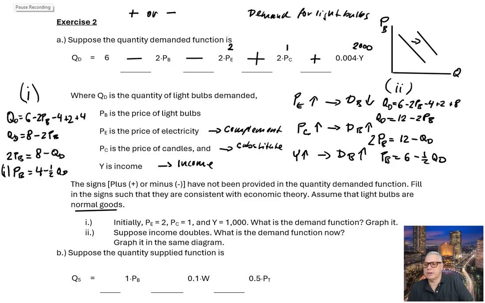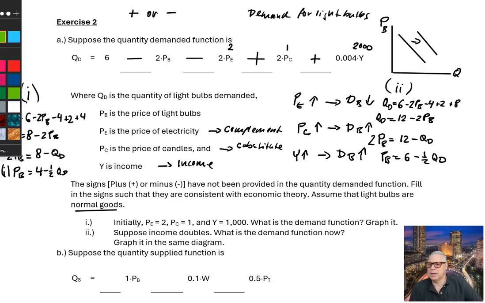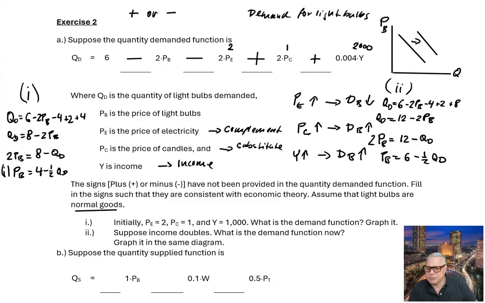Okay, so let's maybe put that and highlight that, because those are the ones that we draw. So this is the inverse demand function for the income of 1000. And you see the intercept is 4, but they have the same slope.